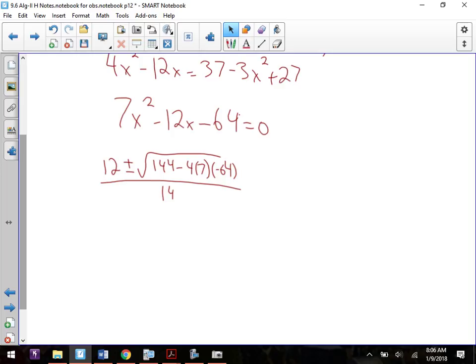It's 12 plus or minus 44 over 14. So that's what? 56 divided by 14, or negative 32 divided by 14.